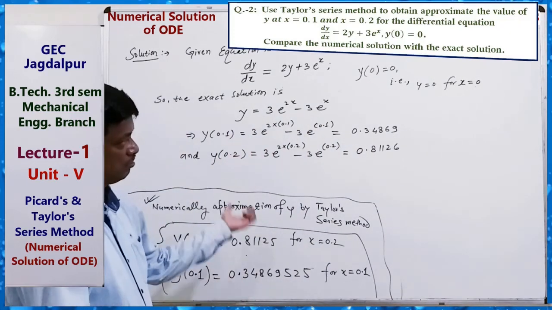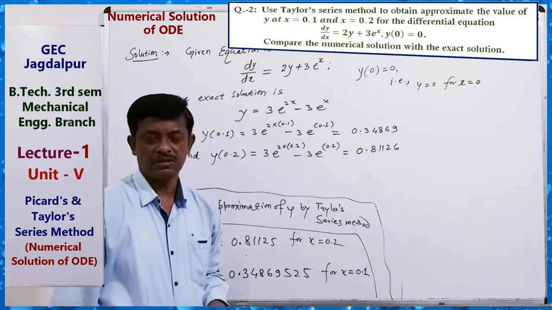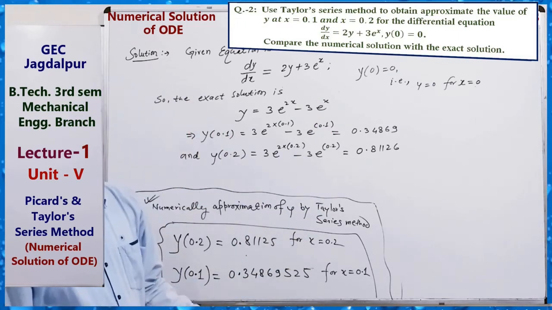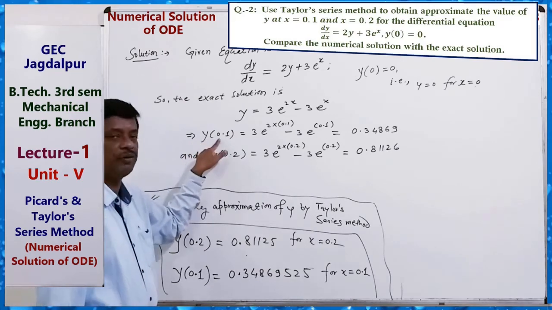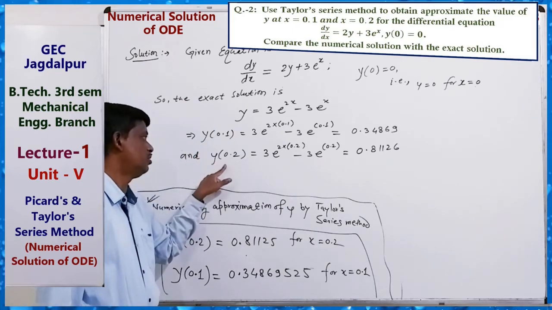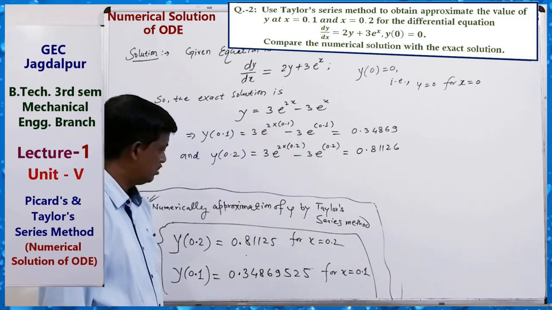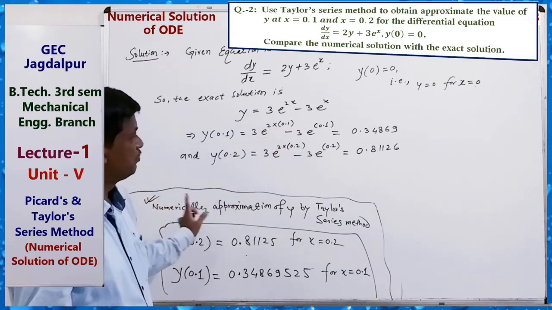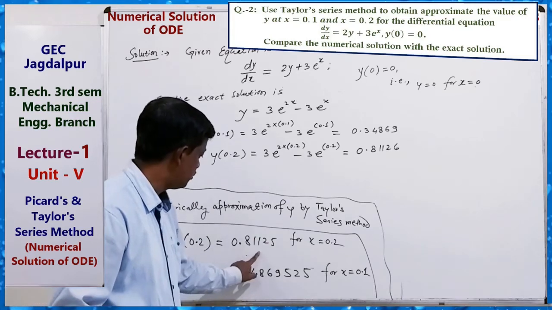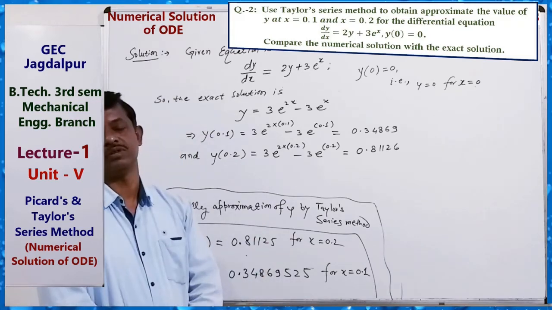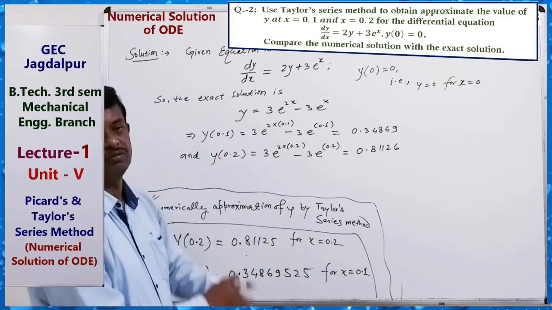We can get the solution for initial values, and after finding it we can get the value of y at the point 1.2. So this exact value and the numerical value are the same: 0.81126, 0.81126, up to 4 decimal places.